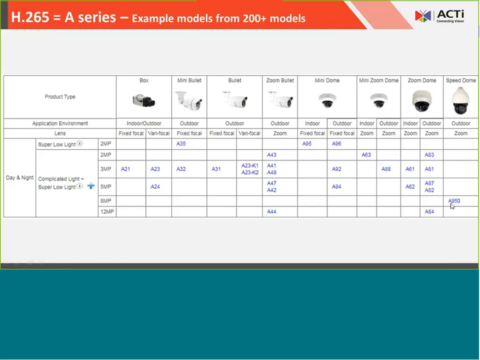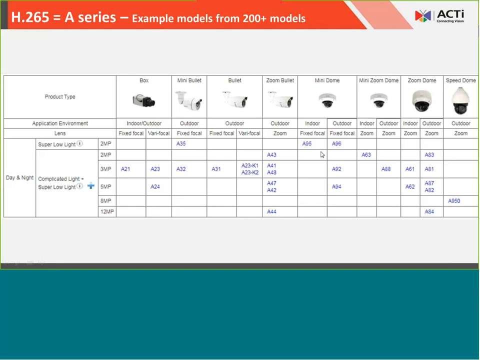Okay. And then the other one is the upcoming model, which is the 12 megapixel dome and bullet cameras. So this is also good. And then I also always suggest, for some SMB, small and medium-sized businesses, that they sometimes demand smaller mini dome options with a cheaper, lower budget.